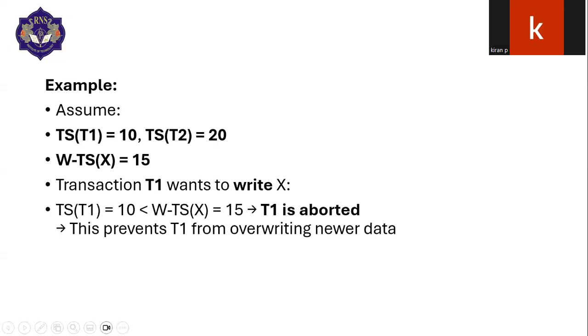So indirectly you're avoiding write-write conflict. Somebody had already written it, and you wanted to write it, so a write-write conflict would occur and hence it needs to be aborted.